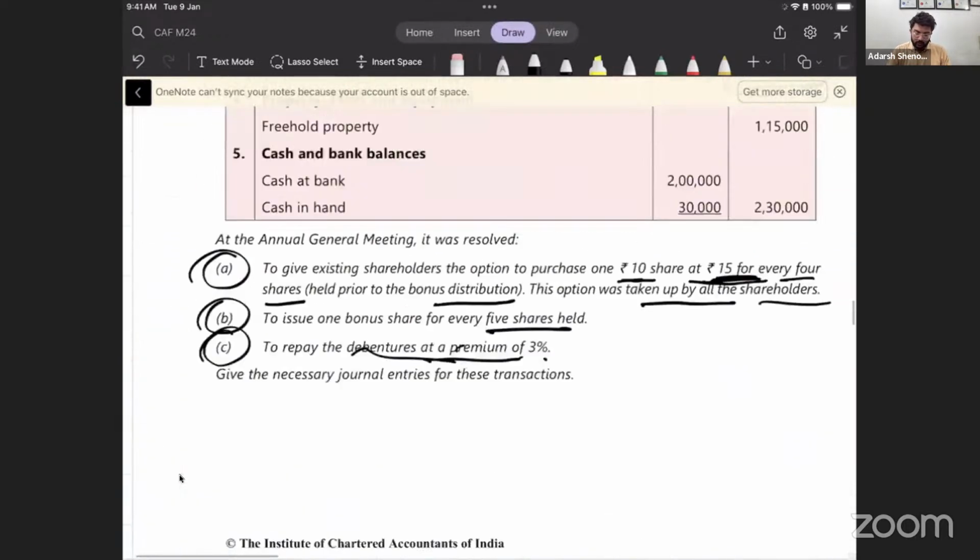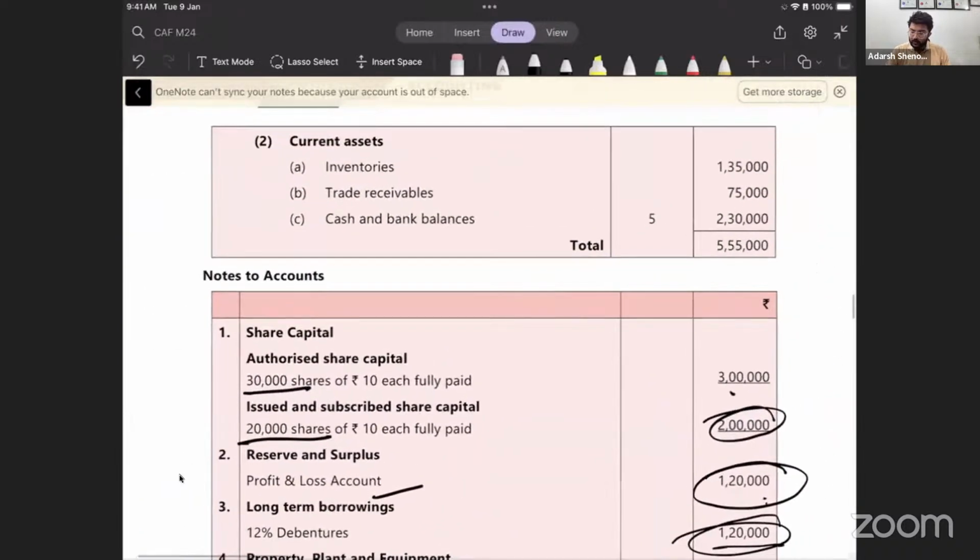What is the value of it? One share value is how much? What is the amount of bonus issue? This I hope you remember. We should do a working note for this.